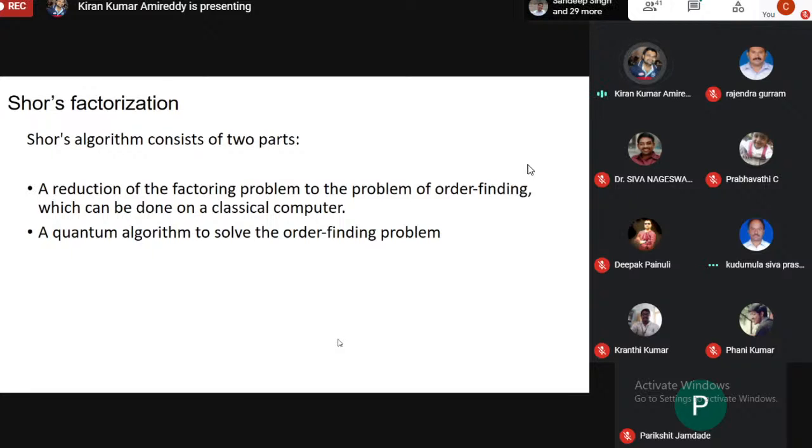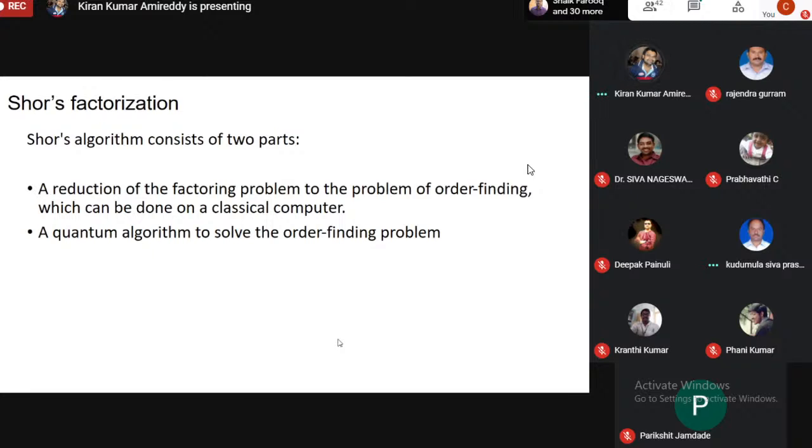This was developed very recently using the quantum computer. We can write a program with our normal computing facilities in a classical computer, but using the quantum computer, it can be done much faster.